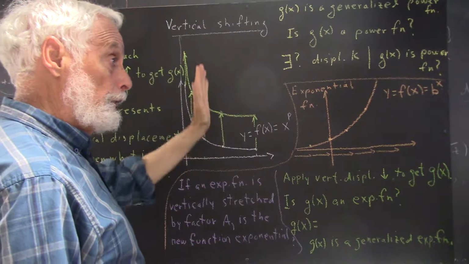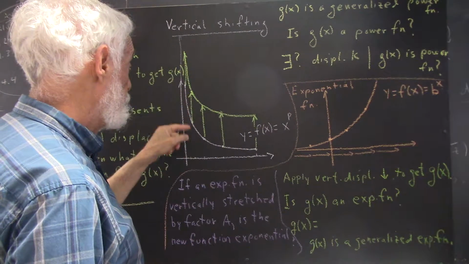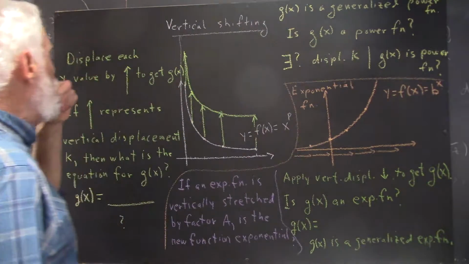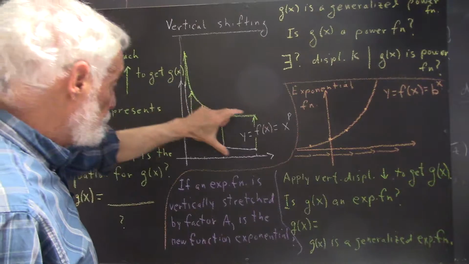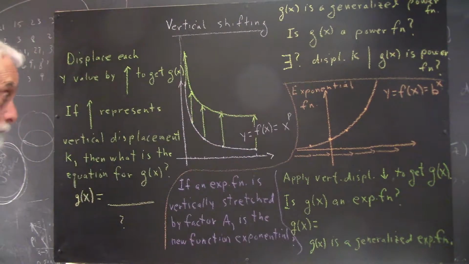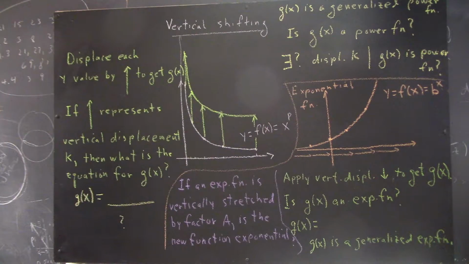So the vertical distance between the graphs, the vertical distance you have to travel to get from this graph to this graph, is always the same. Now, of course, the graphs do get further apart as you move away, but the vertical distances remain the same.